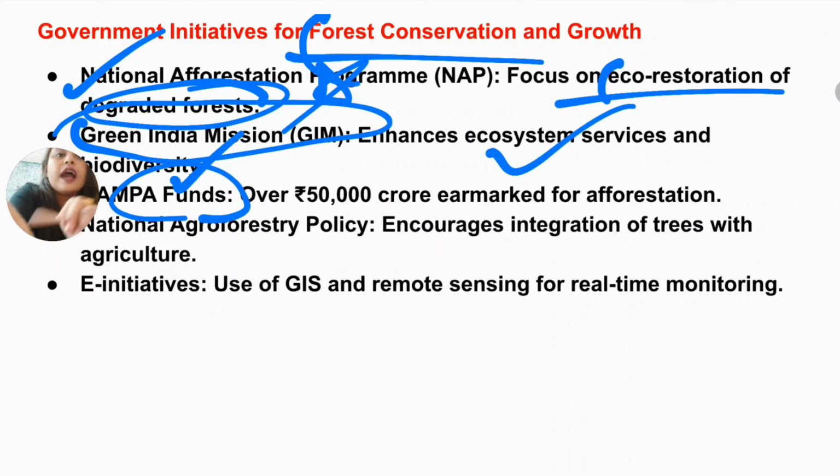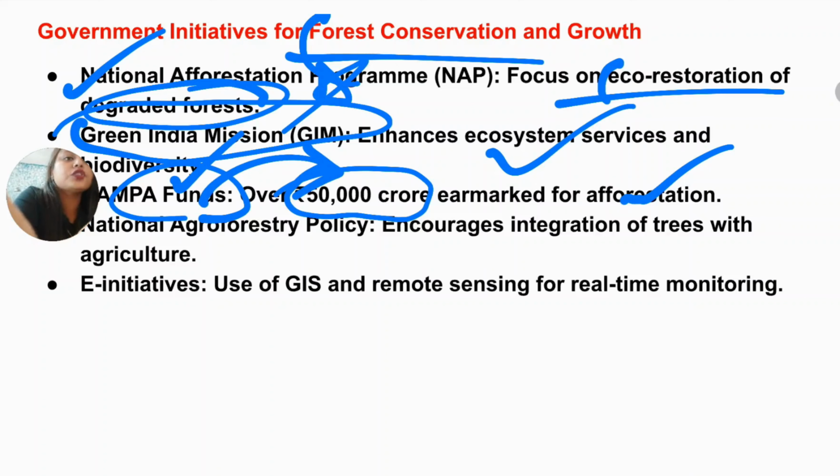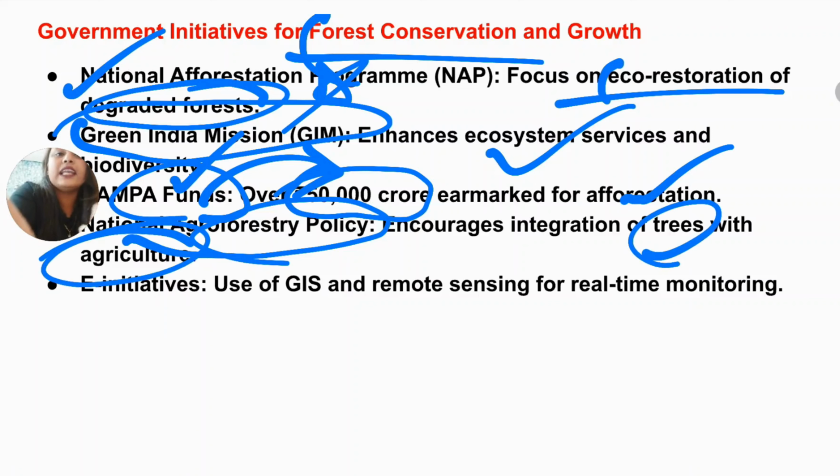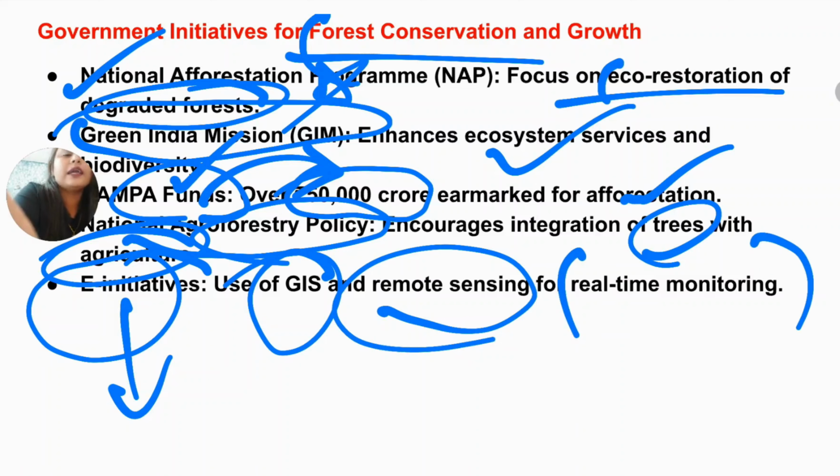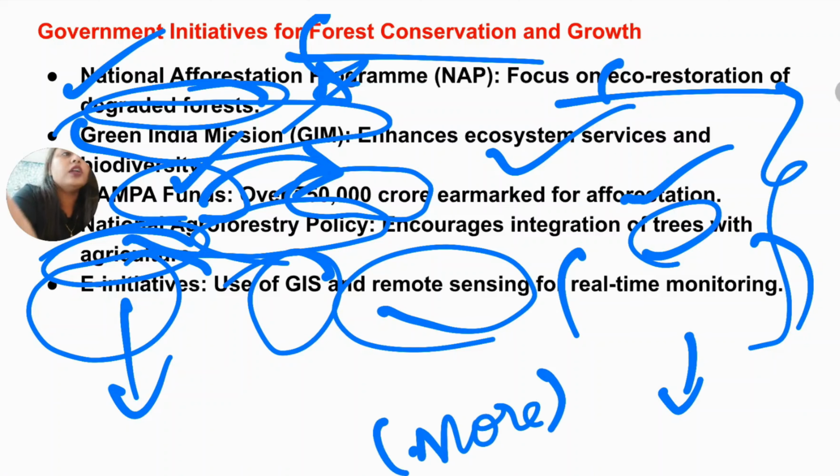And as mentioned, we also have a CAMPA fund of over 50,000 crore earmarked for afforestation, and there are dedicated organizations associated with this regulation. We also have a National Agroforestry Policy, which encourages the integration of trees with agriculture. And most importantly, we also focus on technological aspects. We have an initiative which uses GIS and remote sensing for real-time monitoring. More such initiatives have to be brought in to tackle forest conservation.